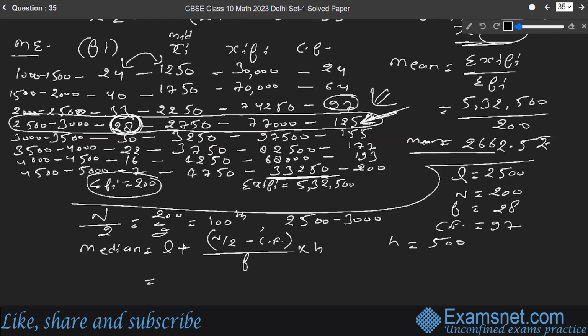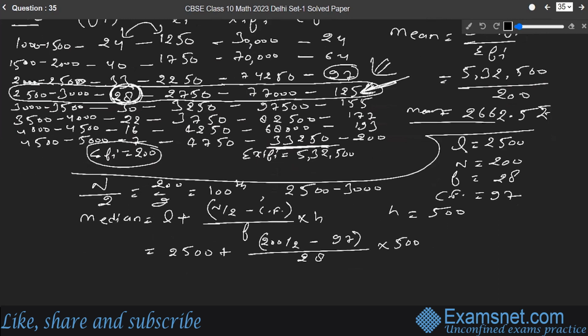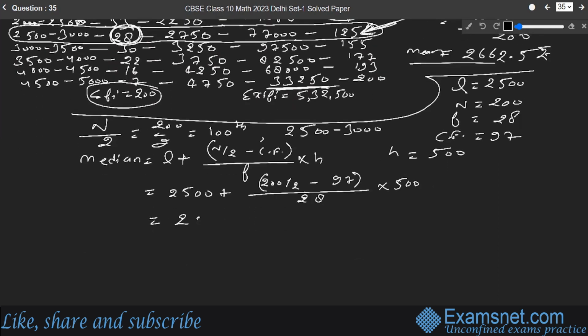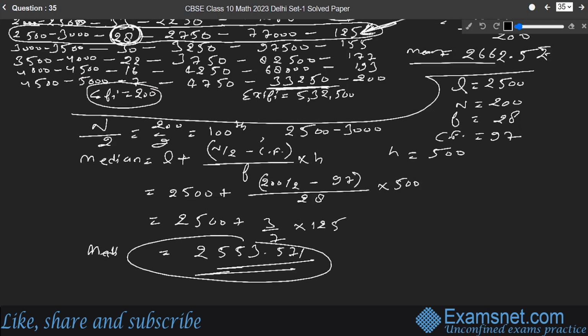Putting in the values: 2500 plus 200 by 2 minus 97, divided by 28, times 500. Solving further, this gives 2500 plus 3 by 7 into 125, which is 2553.571, and that is the median. The mean has already been calculated in this part as 262.5.